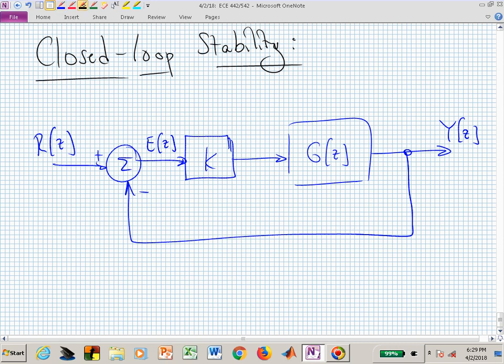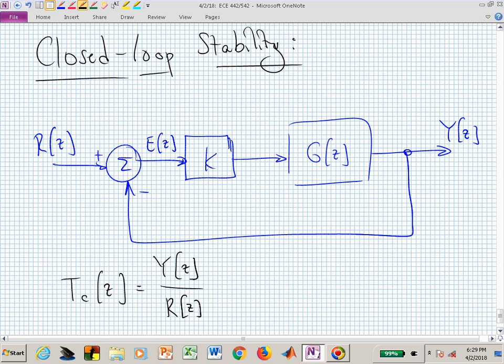What's the closed loop transfer function? If you wanted 1 point out of 50 on a test, you might say, well, that's Y over R, of course.